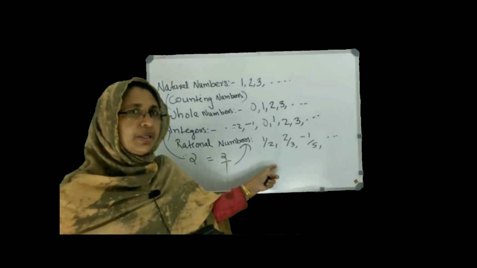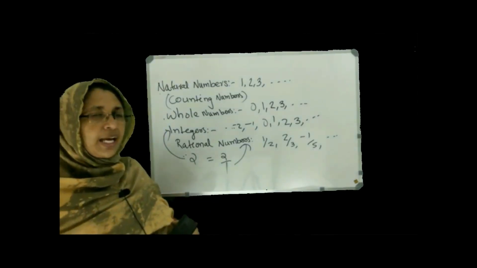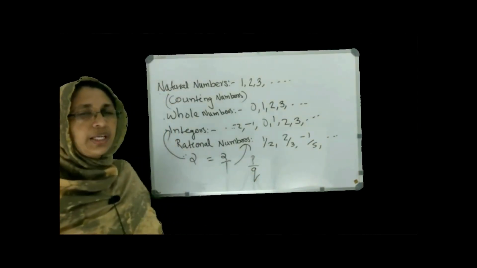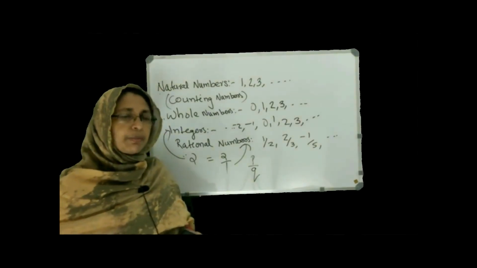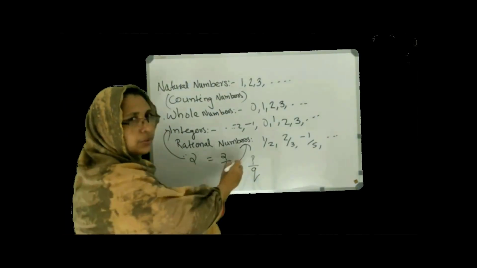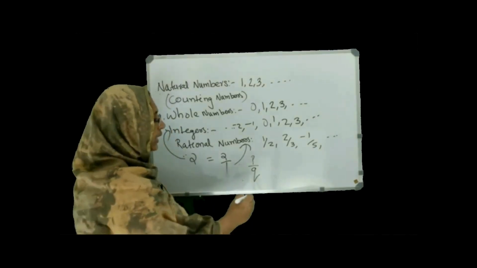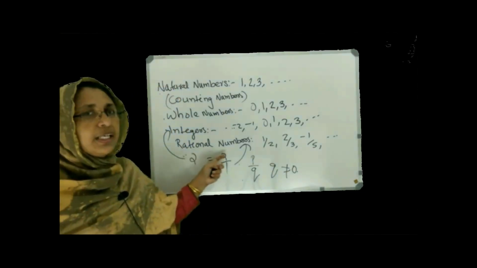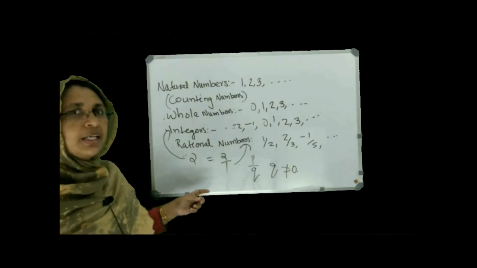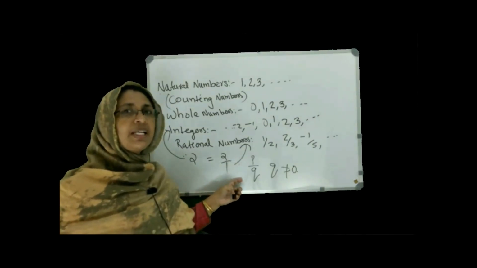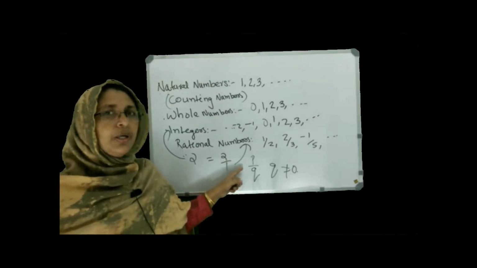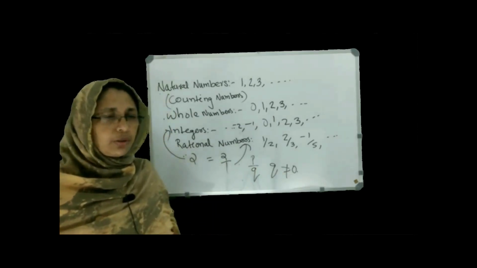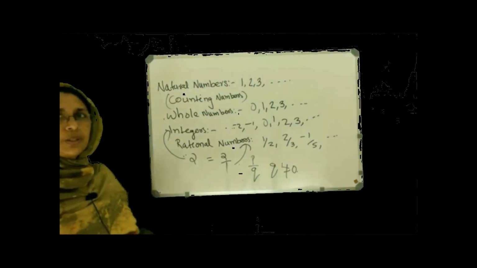What is meant by rational number? Any number that can be represented in the form of p by q, where p and q are integers and q is not equal to 0, is a rational number.